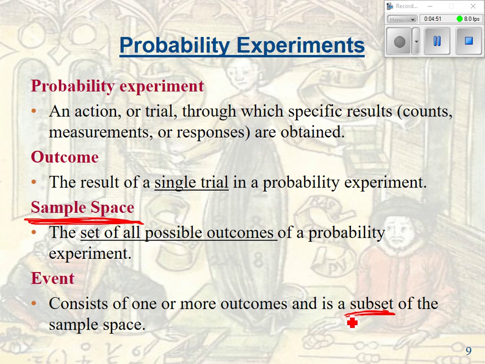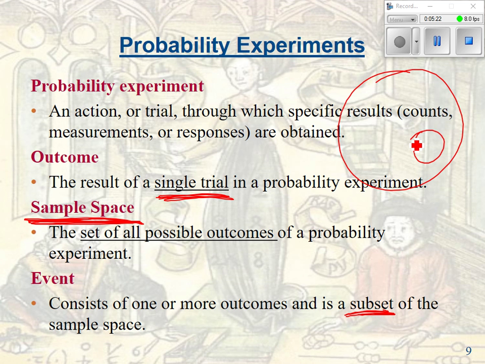An outcome is just a single trial that you're doing. An event is what you would like to happen, or what you're looking at to happen. Is that what subset means? Subset means that you're taking part of this. So if our sample space is this big circle here, a subset is just part of it.